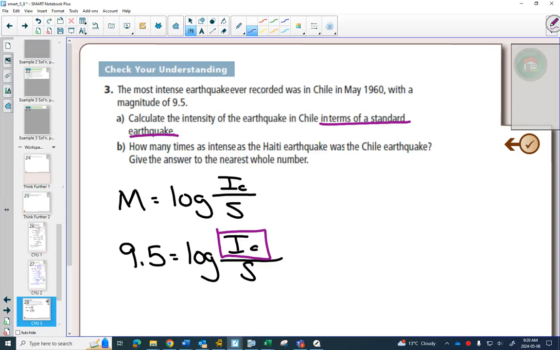I warned you you would forget what the next step is. Okay? So somehow you have to train your brain to be able to say, ooh, I know what the next step is. The next step is I use the definition and change it to exponential form. What's the base? The base is 10. What's the exponent? 9.5 is going to equal the intensity of Chile over the standard earthquake.